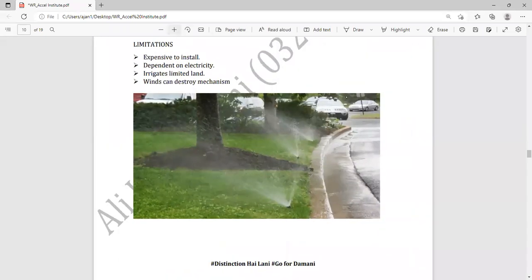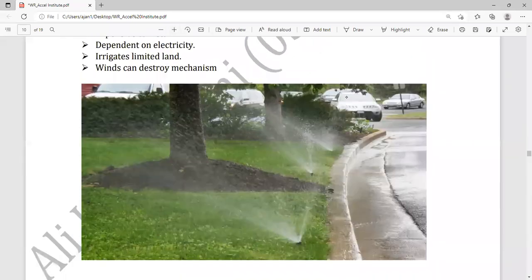Now, have you seen any of these in a public park? I have seen these before. These are usually placed in gardens, and basically they are sprinklers, right?